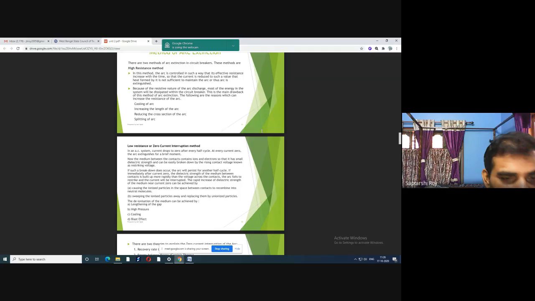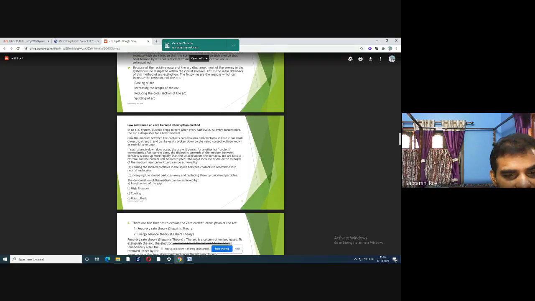The rapid increase of dielectric strength of the medium near current zero can be achieved by causing the ionized particles in the space between contacts to recombine into neutral molecules, and by sweeping the ionized particles away and replacing them with un-ionized particles.